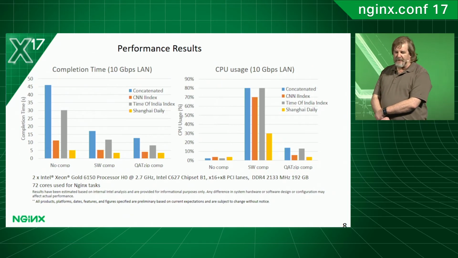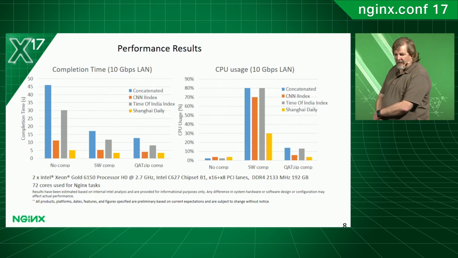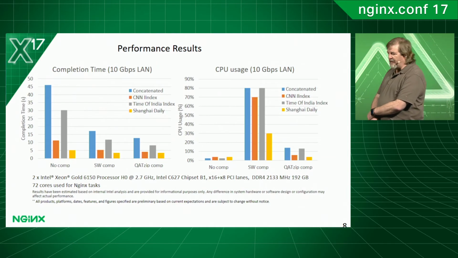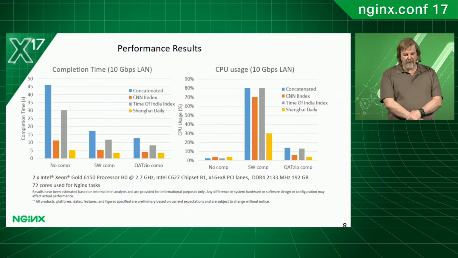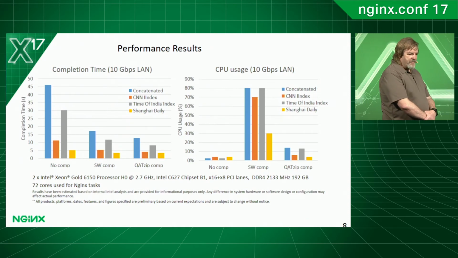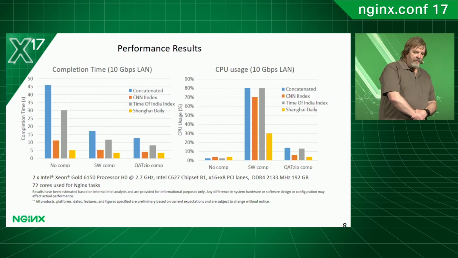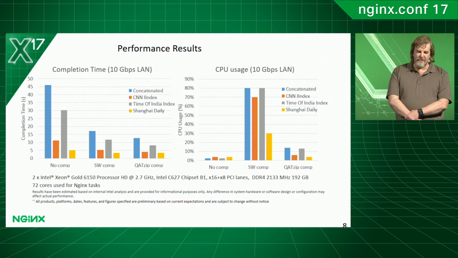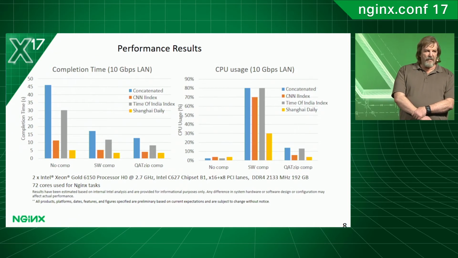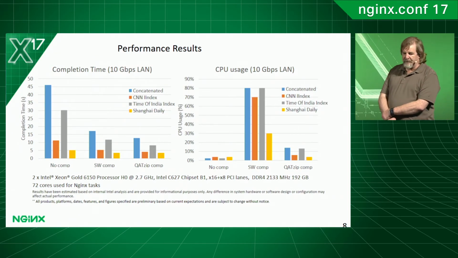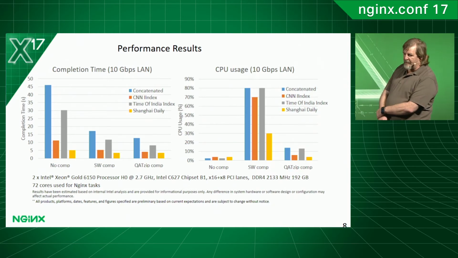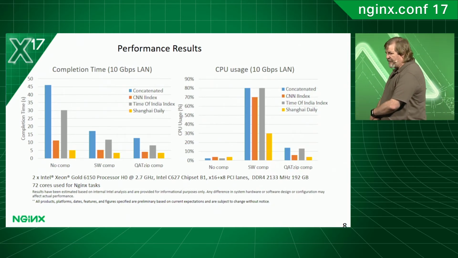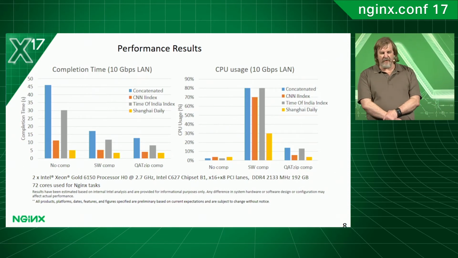When you enable compression, the completion time went down for both software and QuickAssist. Although with QuickAssist, it takes much less time to compress, so your overall, entire end-to-end performance improves. And the cost of doing that compression is much less than doing it in software.